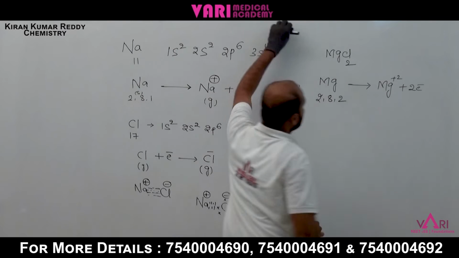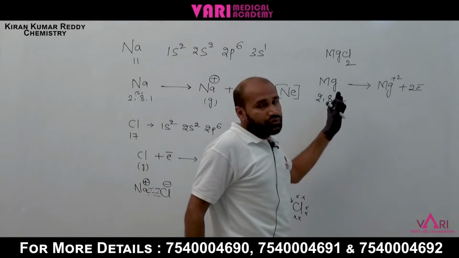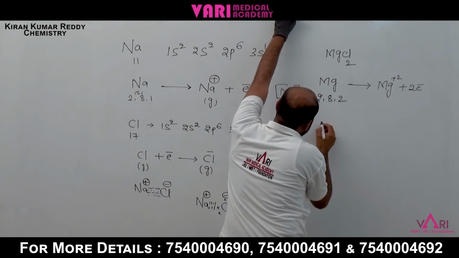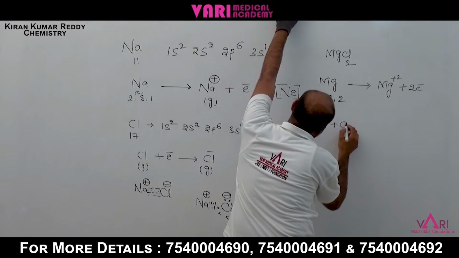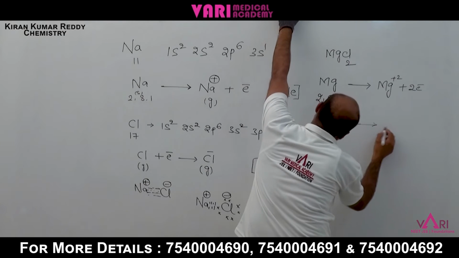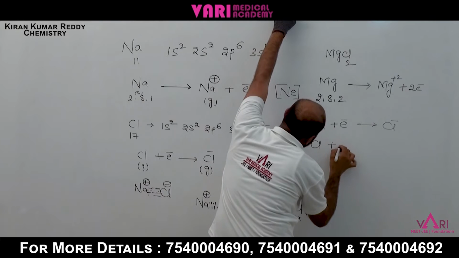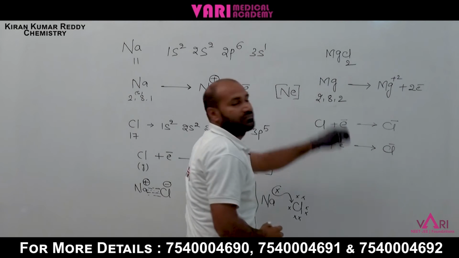How many chlorines are present here? 2 chlorines are present. The first chlorine accepts 1 electron to form Cl minus. Another chlorine accepts an electron, Cl plus electron gives rise to Cl minus.